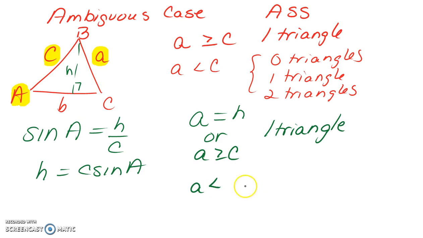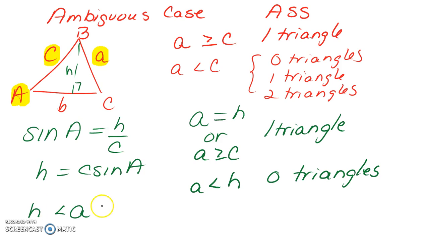If A is less than the height, A is too short, there's no triangle. Now here is the interesting case. If A is larger than the height, but smaller than C, there are two triangles. So now we'll go through how you could find the missing sides and angles with that case.